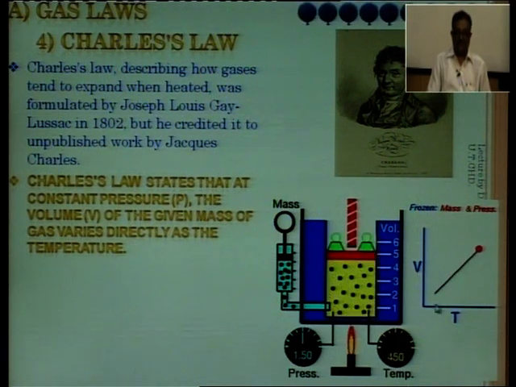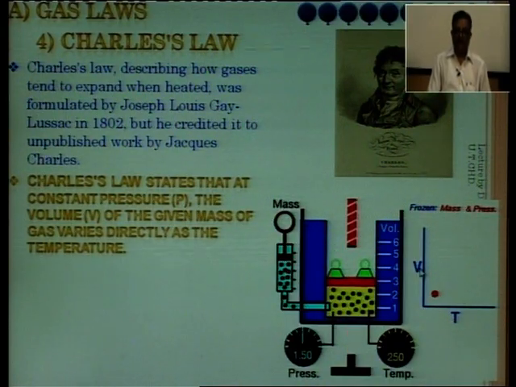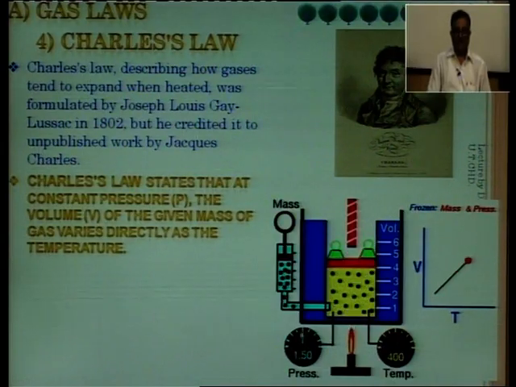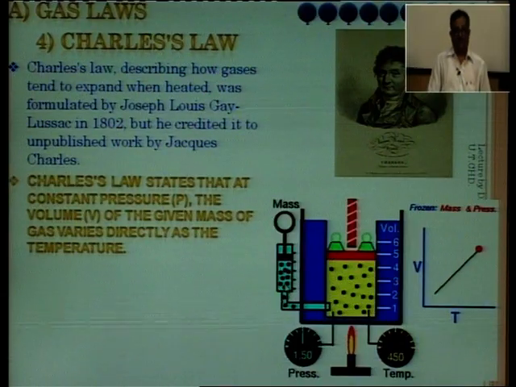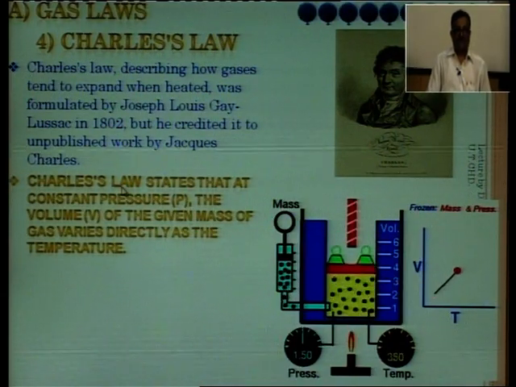The graphic illustrates that as the temperature of the gas is increased, the volume will also increase. What must be kept in mind is that the pressure must be constant and the mass of the gas also constant. Then we can say this is Charles' law.